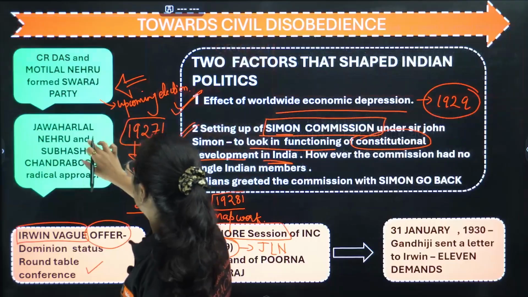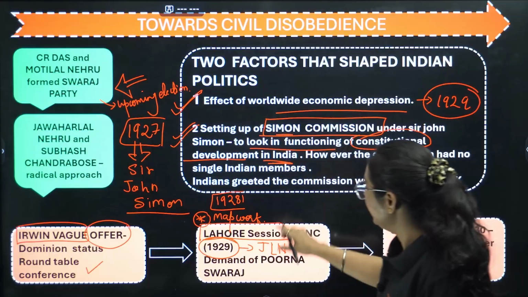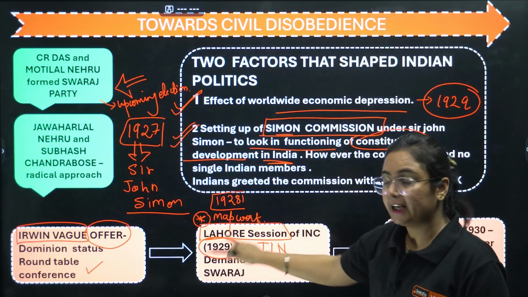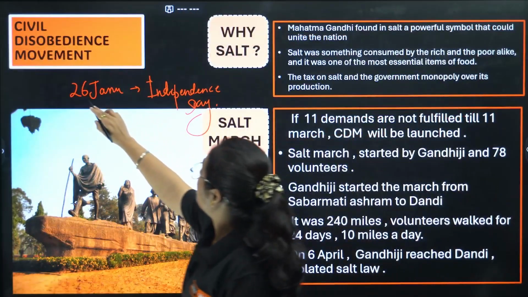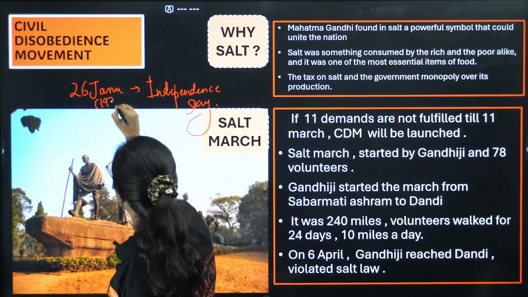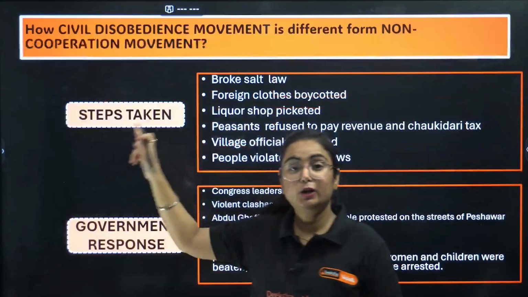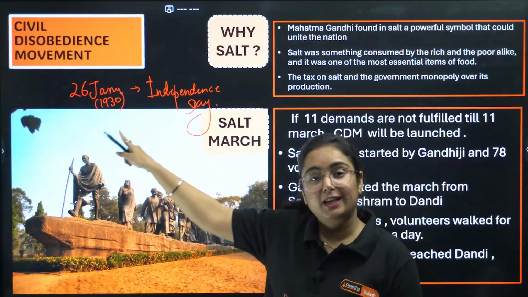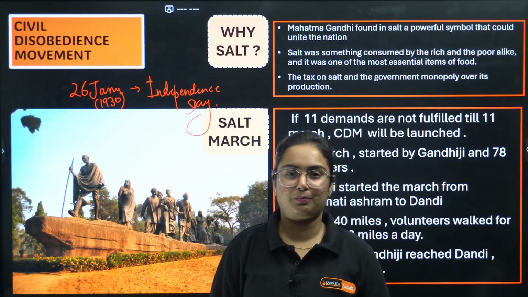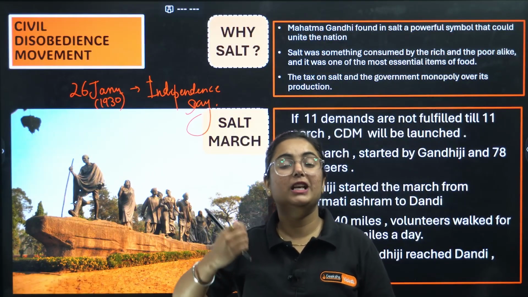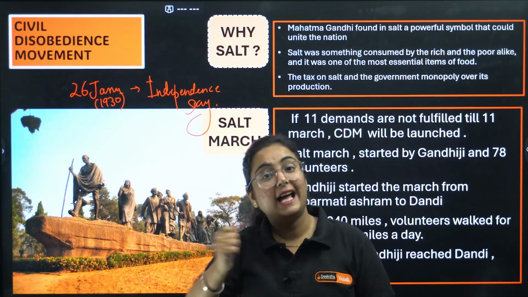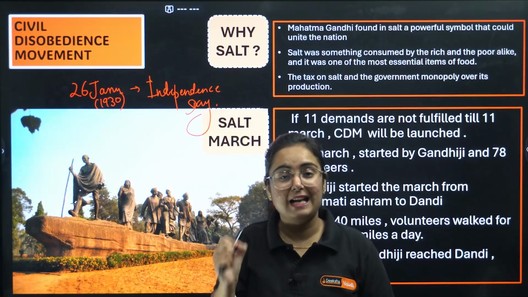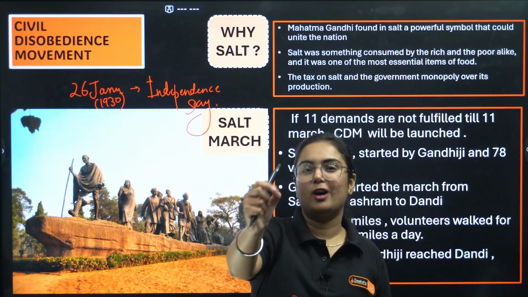See here, everything we are talking about happened in 1929, and this is 26th January 1930. This incident took place in 1930, and we want the date to stay relevant in the future. We want to keep its importance, and hence we waited for 2 months and declared Republic Day on that day.